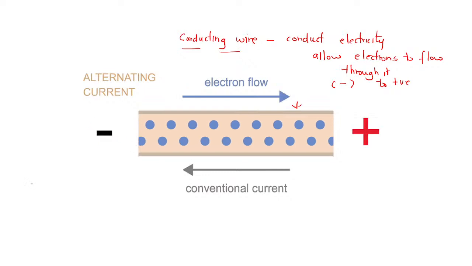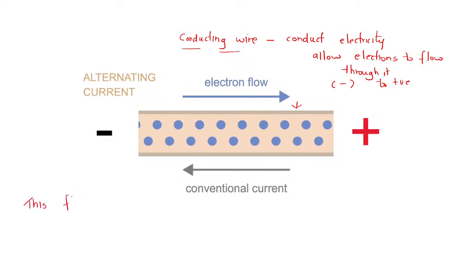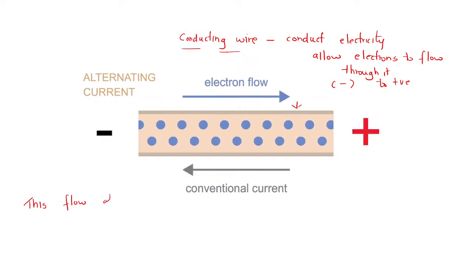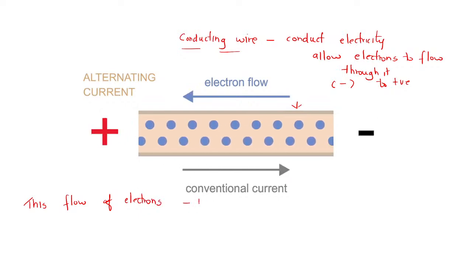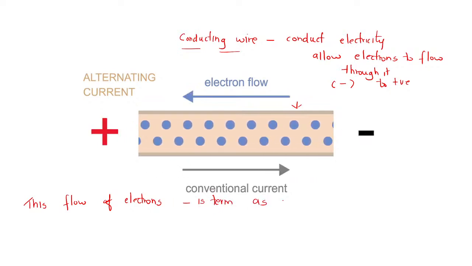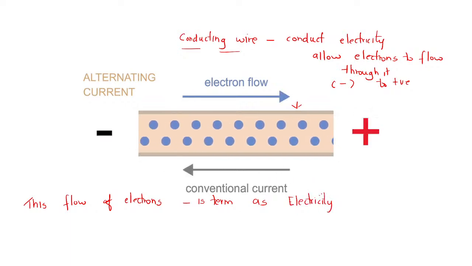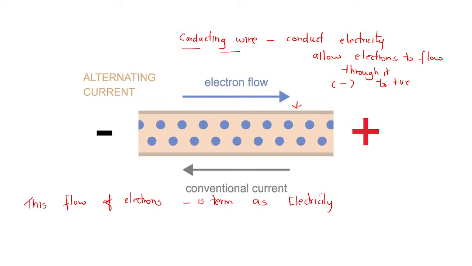By convention, it is from the positive to the negative. So this flow of electrons is termed as electricity. So now that you have learned what electricity is, let us understand the further concepts in detail.